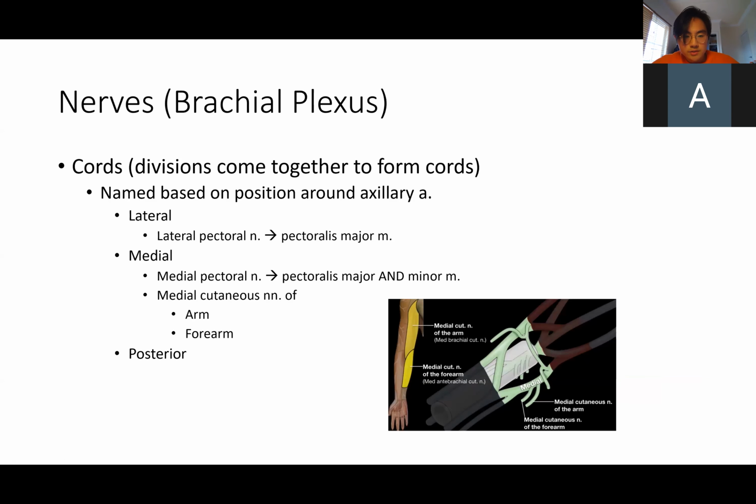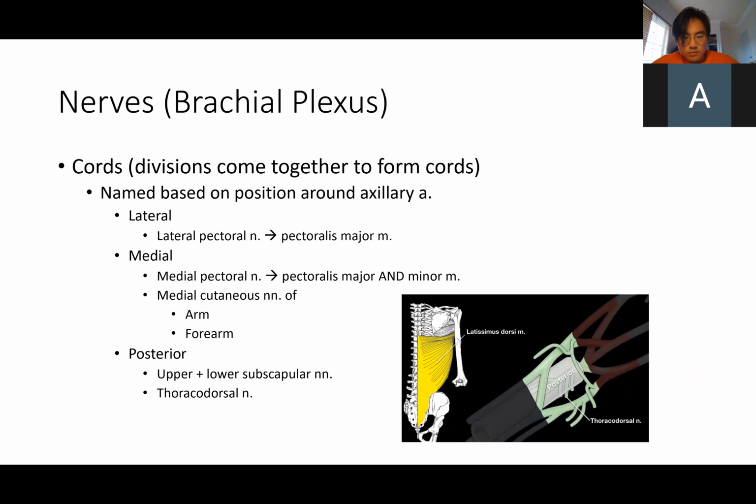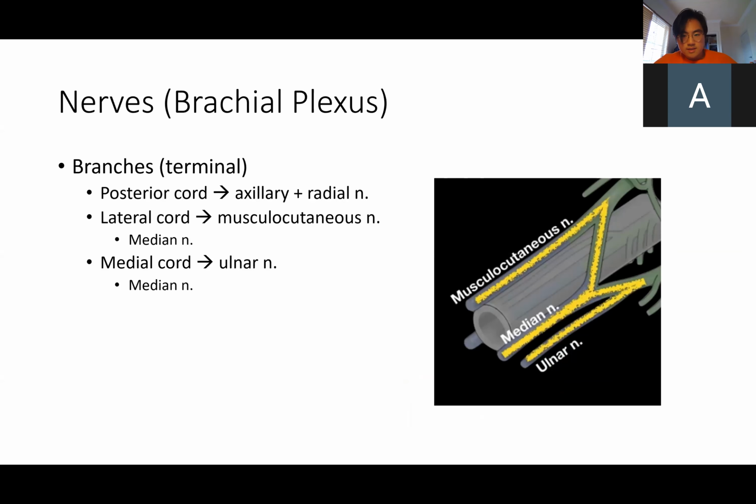And just some more branches that I won't go through because you can study them yourself. Okay, now, why do I place so much emphasis on the cords? Because, as I said, they give rise to your branches. So the posterior cord gives rise to the nerves that travel in the posterior compartment of your arm, okay?